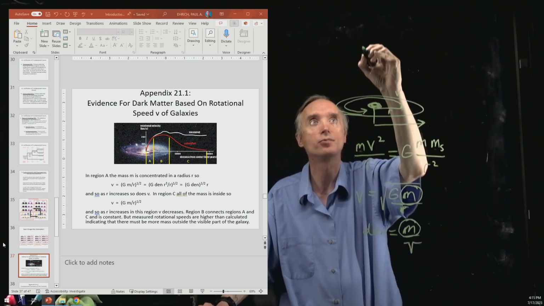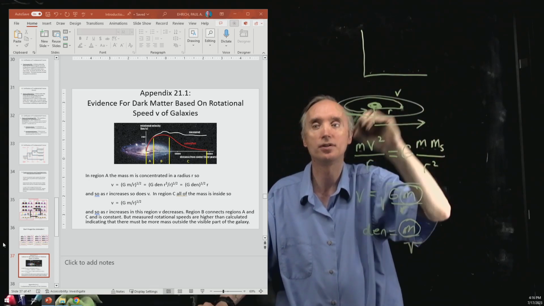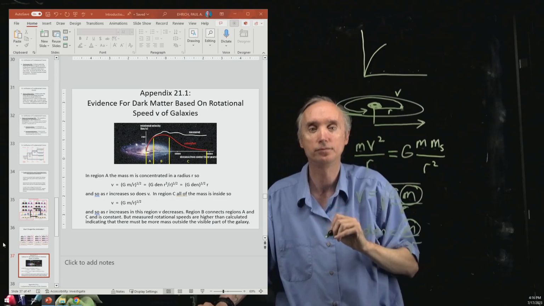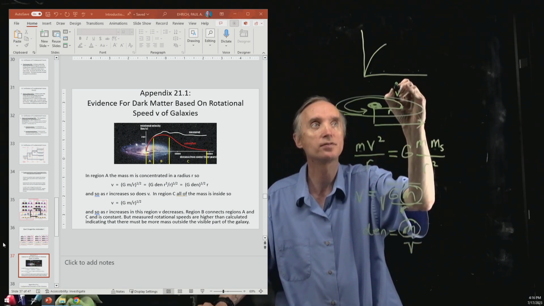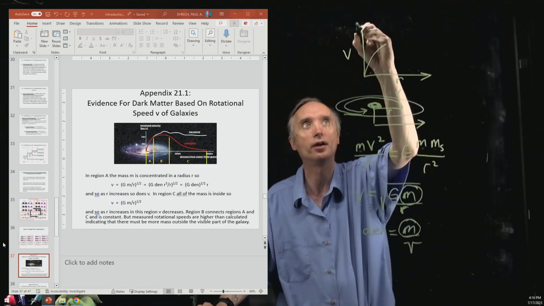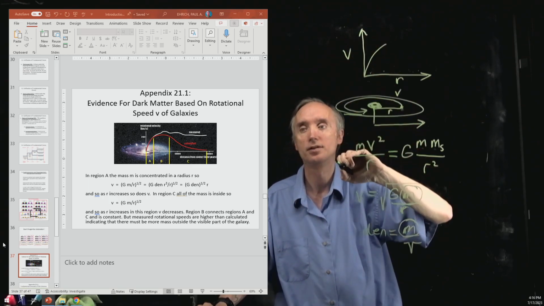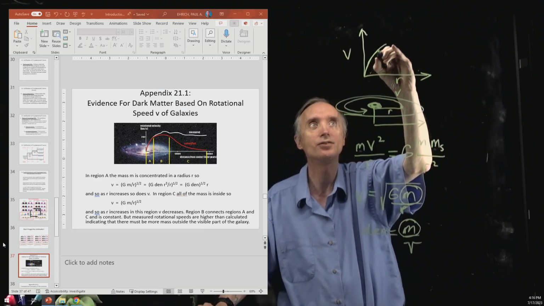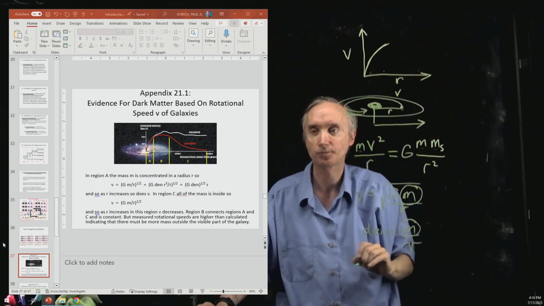That's the reason why on the graph above, you notice that the graph starts to go up. This is the distance r going sideways, and this is the velocity going up and down. So the further you get out in the galaxy, the speed initially increases.